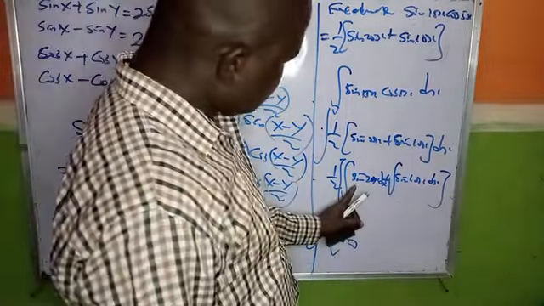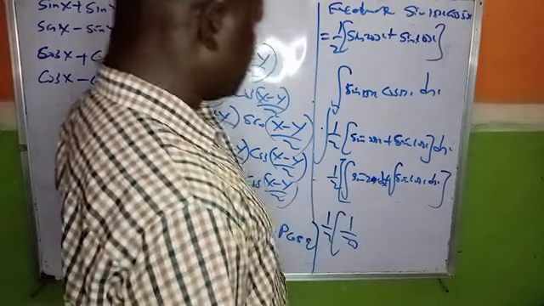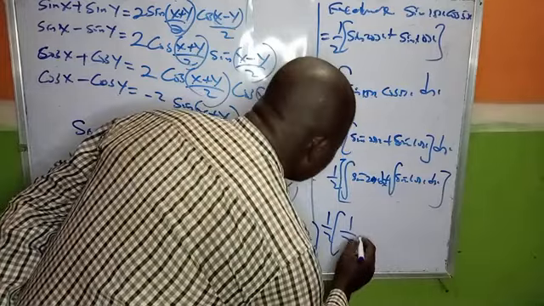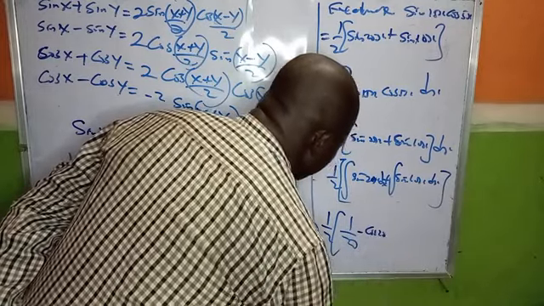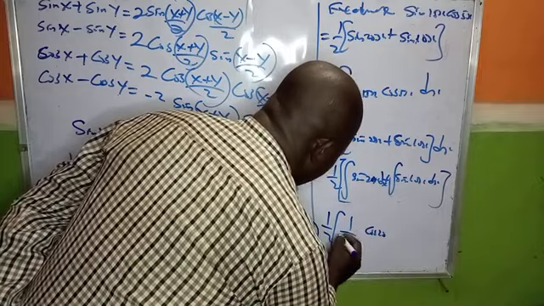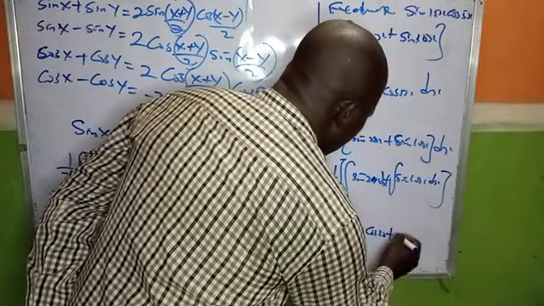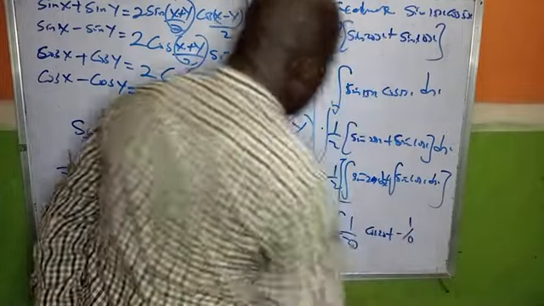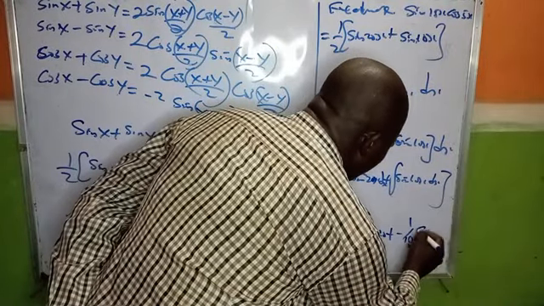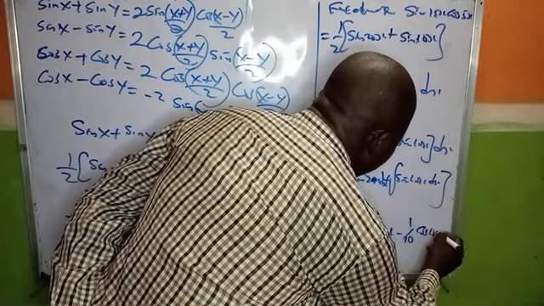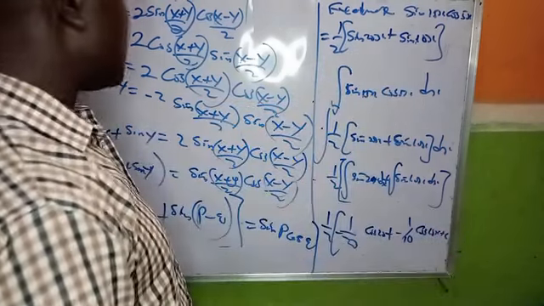So integral of sine is minus cos. So this one will give you minus cos 20x. Then plus another, minus 1 over 10 cos 10x, plus constant.